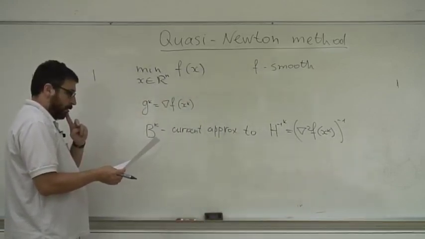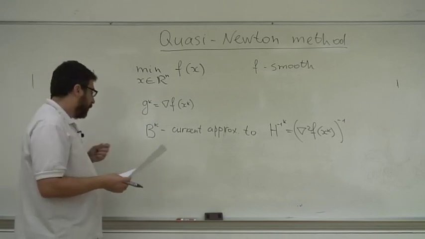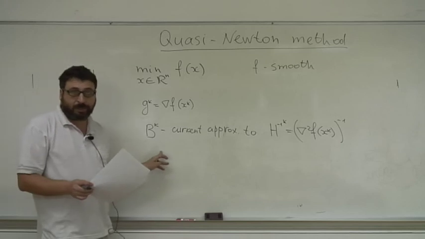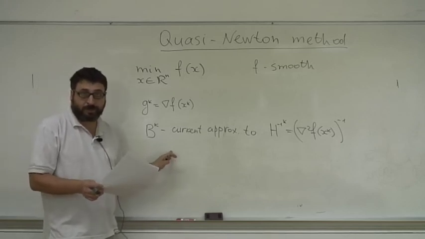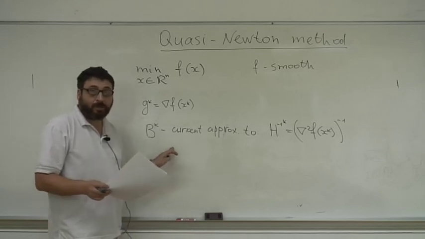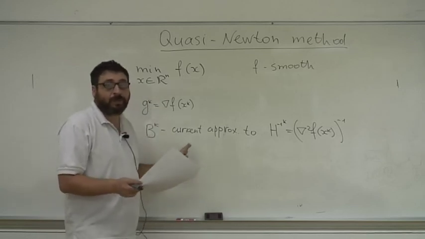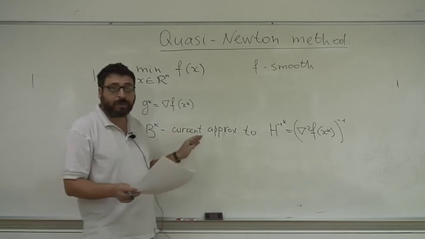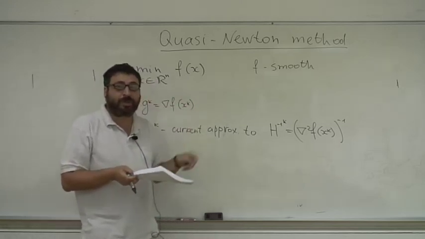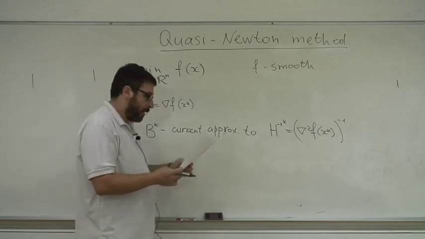And we will take care that B, our approximation, will be symmetric and positive semi-definite, or positive definite, like we said when we developed the Newton method, in order to keep our current direction to be a direction of descent.